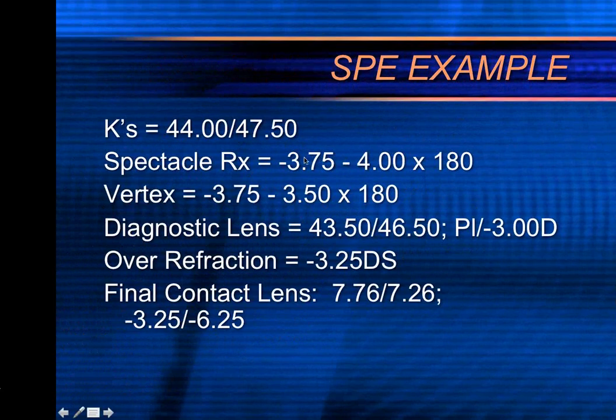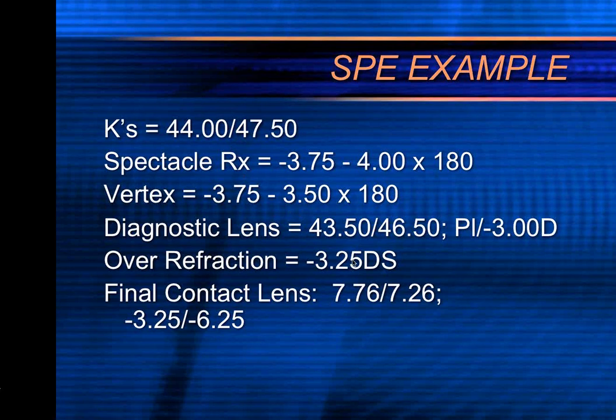You don't have to worry about vertexing, but if you want to, you can. But here's what you have. You select a diagnostic lens that is slightly flatter than K. So here's our 43.5 times 46.5 lens, plano minus 3. We perform a spherical overrefraction, and it's 3 1/4.